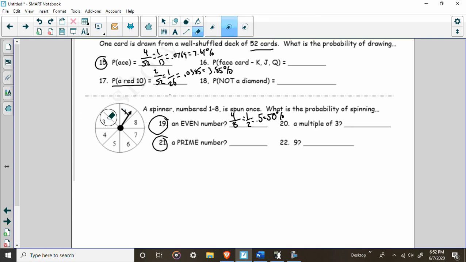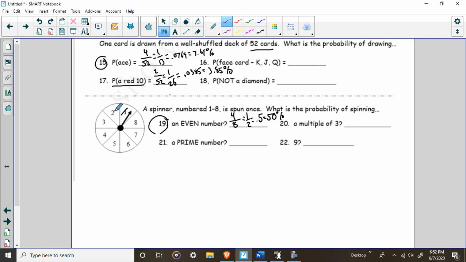Let me cancel that. I'm sorry, I forgot my definition of a prime number, okay? So if you forgot what prime numbers are, a lot of what they say is that the only factors are 1 and itself, okay? But I will say by definition, the number 1 is not a prime number. If you guys want to know why, please ask, and I will gladly explain to you guys why 1 is not a prime number.